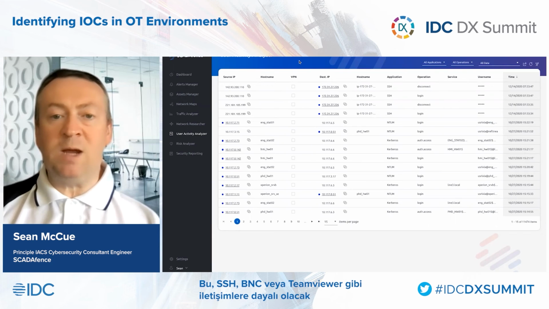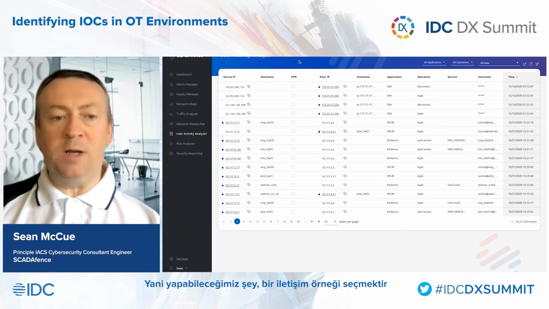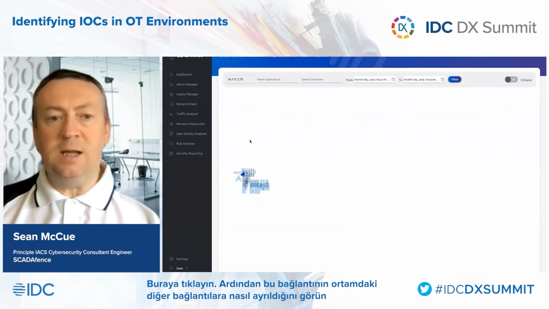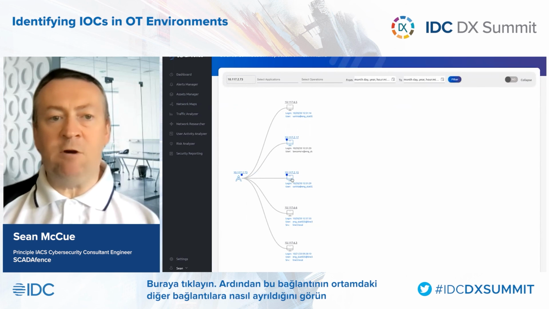And this will be based around communications such as SSH, VNC, or TeamViewer, similar types of communications where either remote authentication or remote communications take place. And so what we might decide to do is select one communication instance, click on this, and then see how this connection branches out to other connections in the environment.